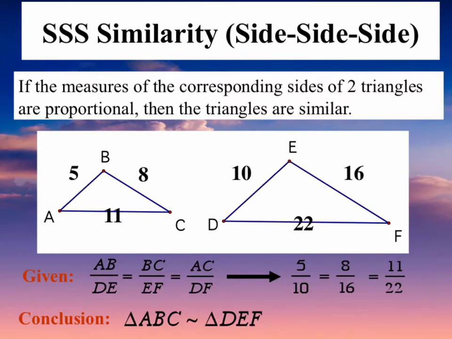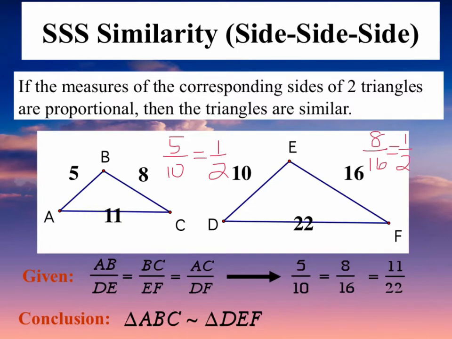Let me write that so you can see it. So this is 5 over 10. If I reduce it, I get 1/2. Is equal to BC over EF, which is the same proportional ratio. If I look at 8 over 16 and I reduce, I will get 1/2.